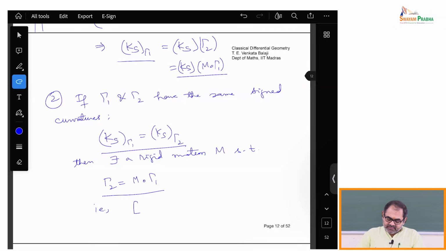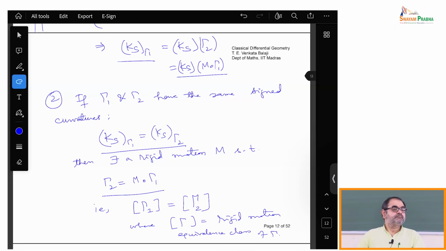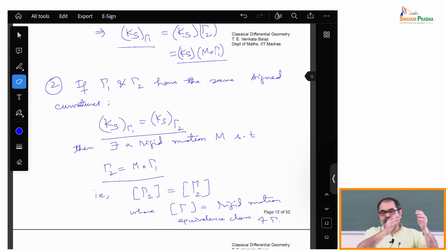So the rigid motion equivalence class of gamma 1 is equal to the rigid motion equivalence class of gamma 2. Basically, to gamma 1 you are associating this sign curvature ks of gamma 1, and to gamma 2 you are associating ks of gamma 2.